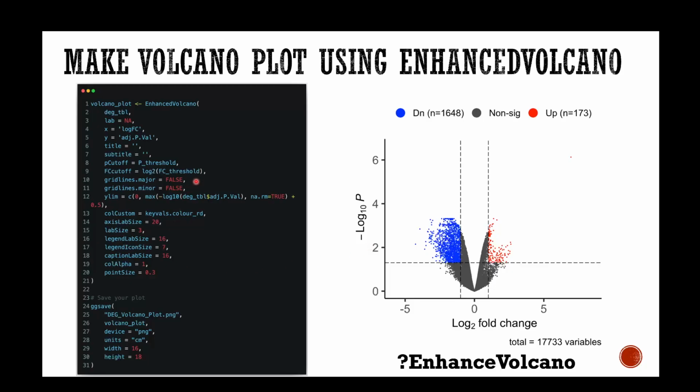The EnhancedVolcano package is based on the ggplot2 package, so we can save the results using the ggplot2 saving function, ggsave. However, there's one problem: the EnhancedVolcano package doesn't do a good job labeling the genes in the plot. So if you want to label genes in your plot, you better use the ggplot method in the last slide.